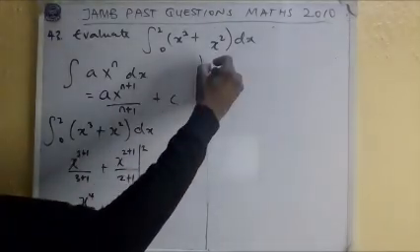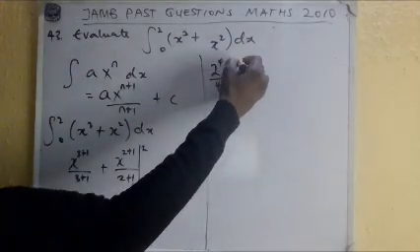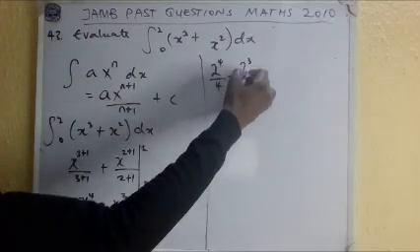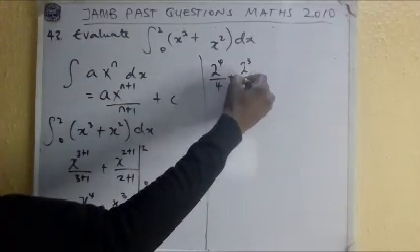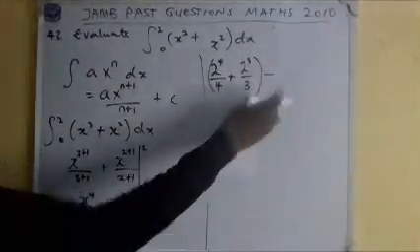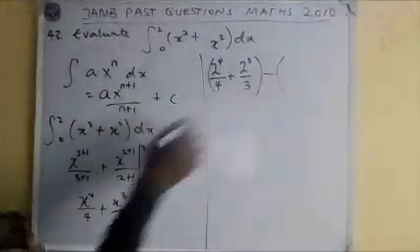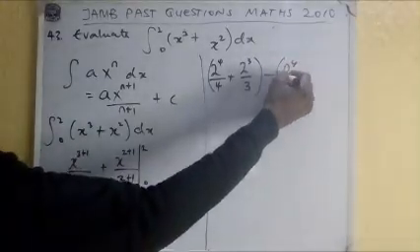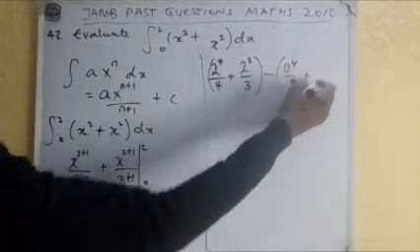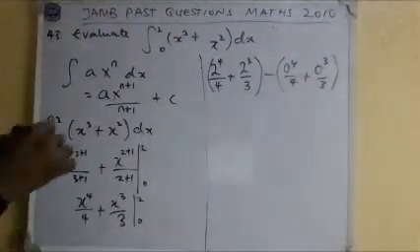So I'll do 2 raised to the power 4 over 4 plus 2 raised to the power 3 over 3. Then I'll say minus, then put 0: 0 raised to the power 4 over 4 plus 0 raised to the power 3 over 3. So this is what I have done here.